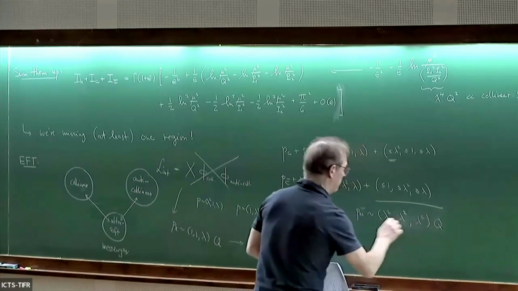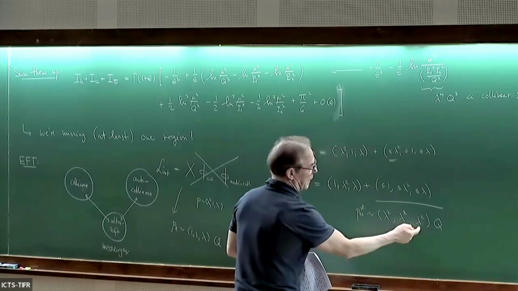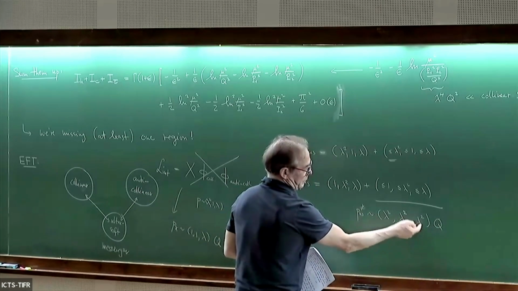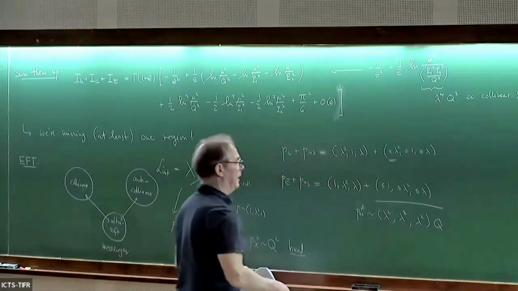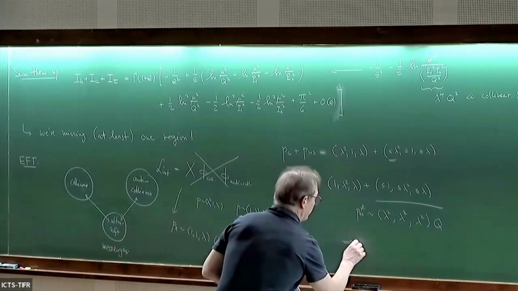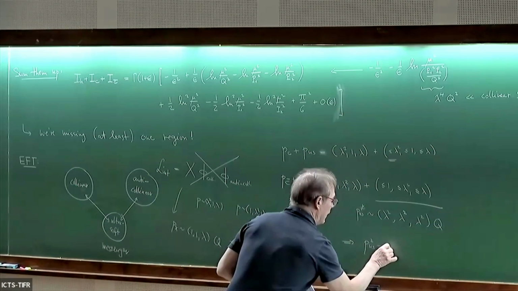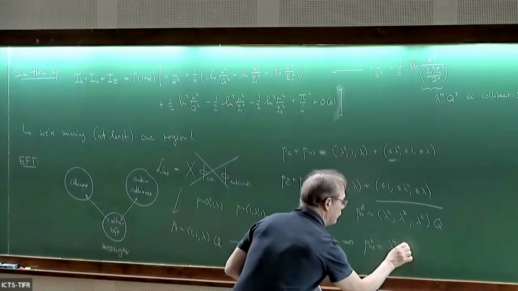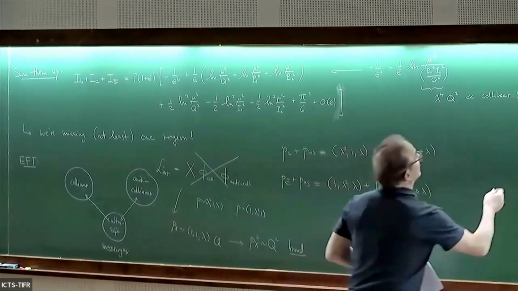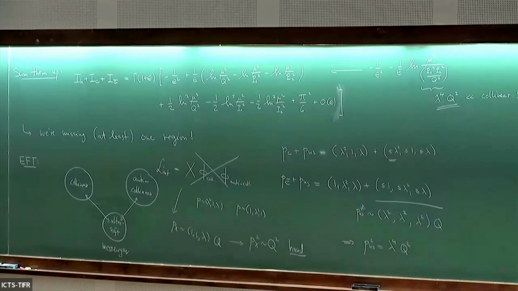Simply because on-shell means this times this minus this squared should be 0, so this has to have the same scaling on average. And you see that's great, because if we square this, p ultrasoft squared, we indeed get lambda to the 4 times Q squared, which is exactly what we need to cancel this missing piece.